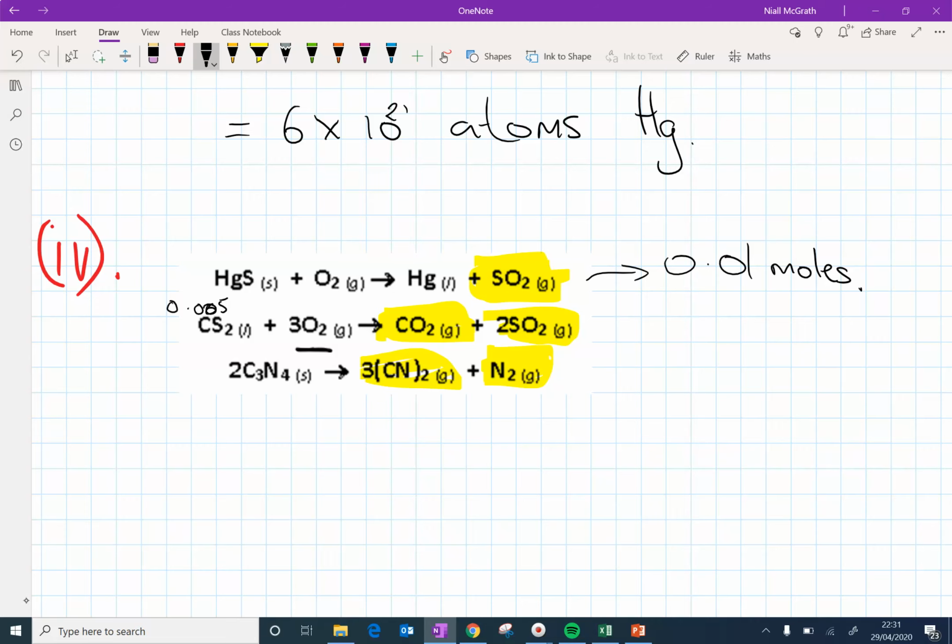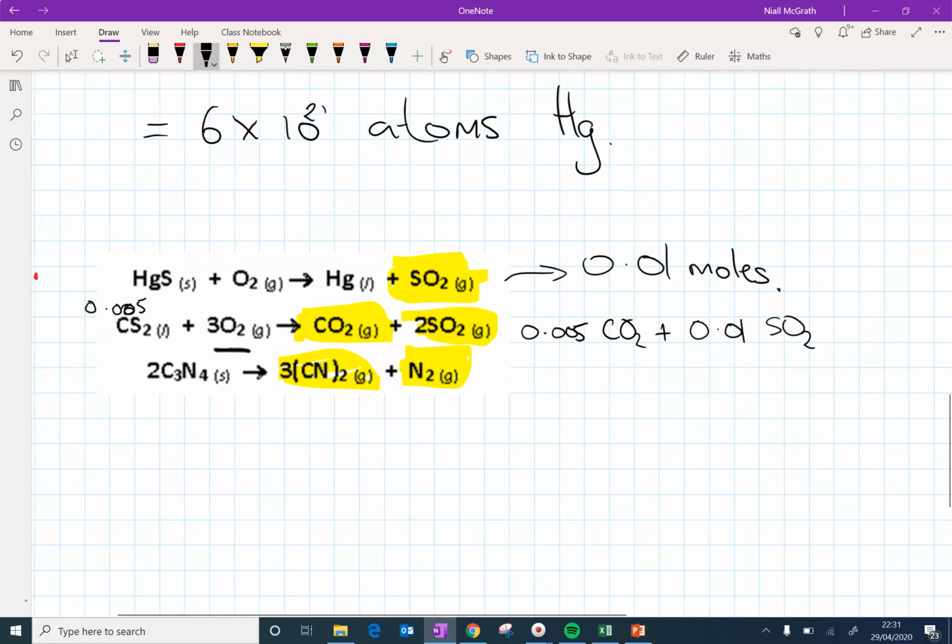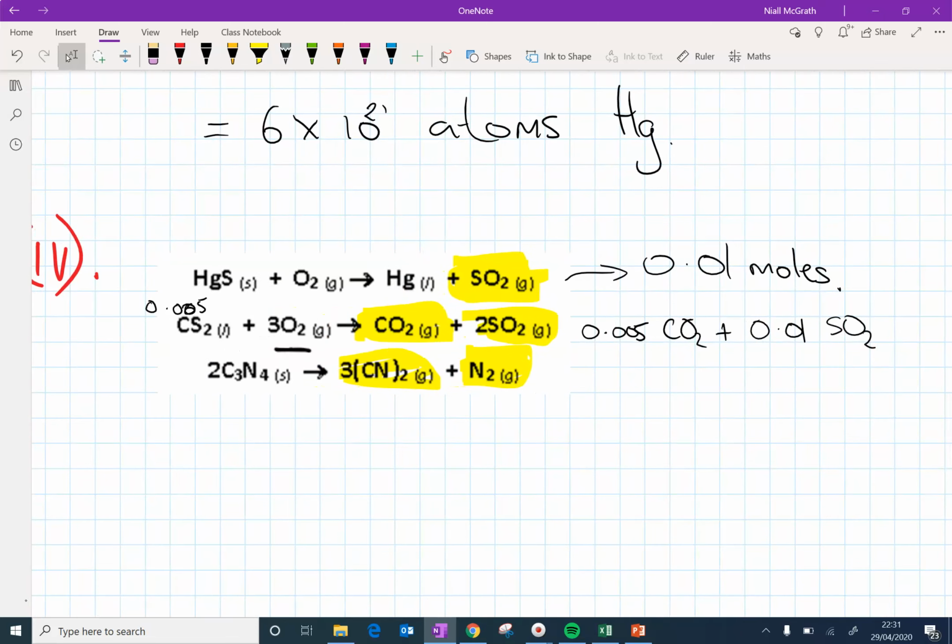Seeing as it's in a 1:1 ratio, we have 0.005 CO2, plus we also have 2 SO2, so that's twice 0.005, which is 0.01 moles of SO2. So that's a gaseous product there.